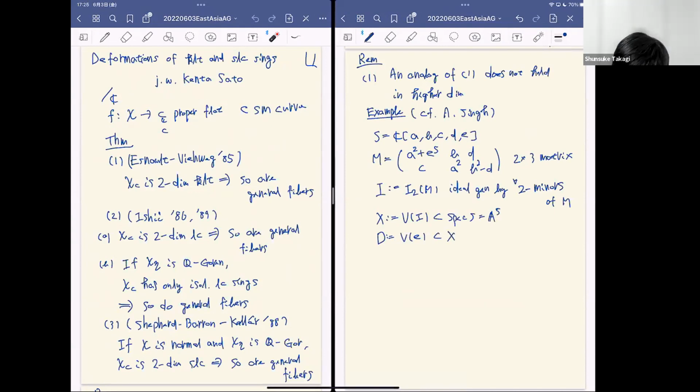Then we can construct the following flat family whose central fiber is isomorphic to D times the affine line, and other fibers are isomorphic to X for all T not equal to 0.